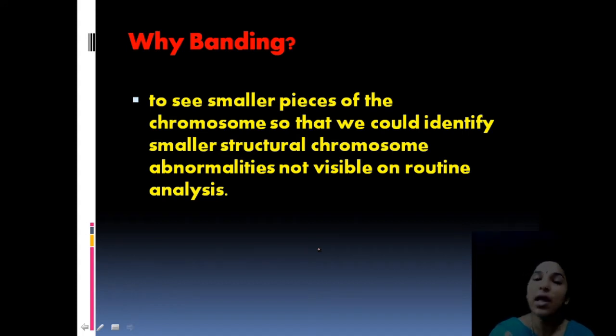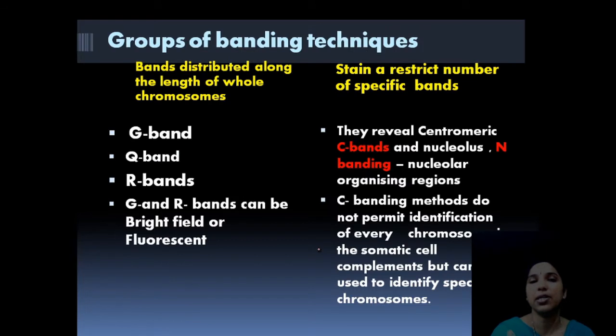In usual analysis we cannot identify such abnormalities, but when you do banding with the stain or dyes, you will get chromosome bands, and in that banding you can easily identify the small abnormalities. The stain usually binds quickly to some specific regions of the chromosomes, and you can observe the abnormalities.